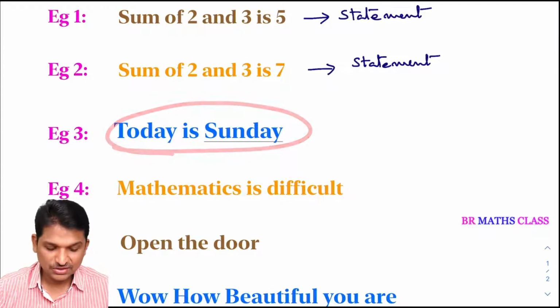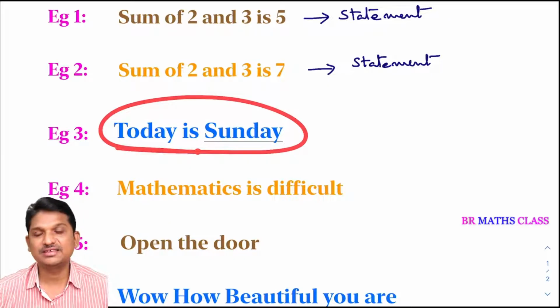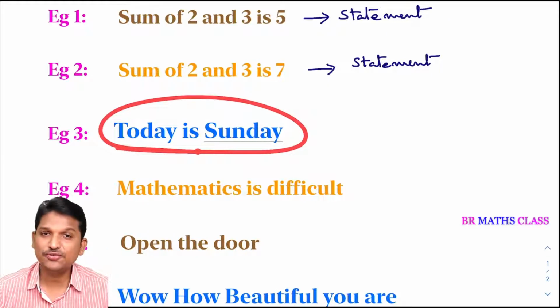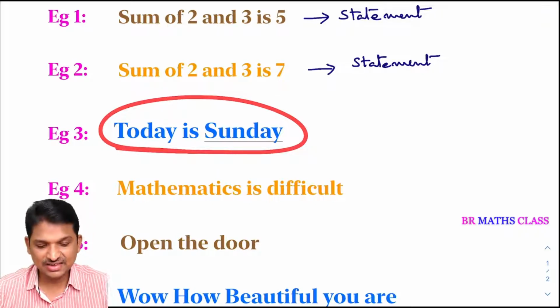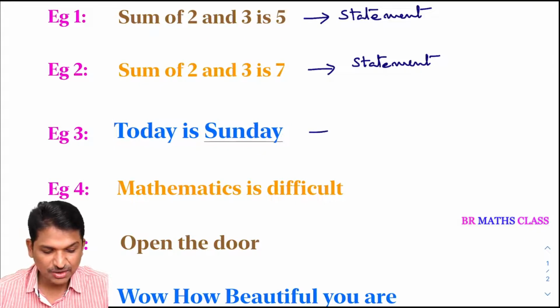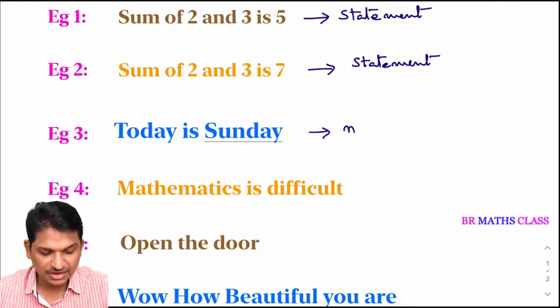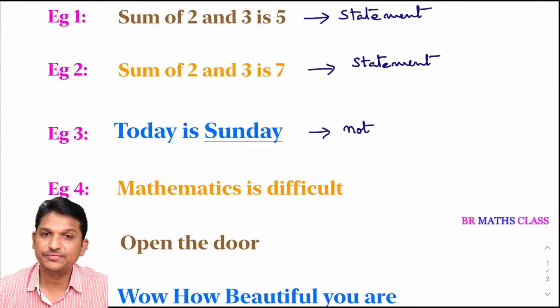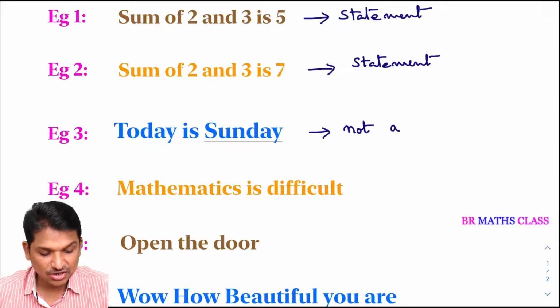So, today is Sunday is a sentence. Is it true or false? It is true on Sunday and on the remaining days it is false. That means both are happening. So, is this sentence a statement or not? This sentence is not a statement. Why? Because this is true for some days and not true for the other days, right? It is not a statement.